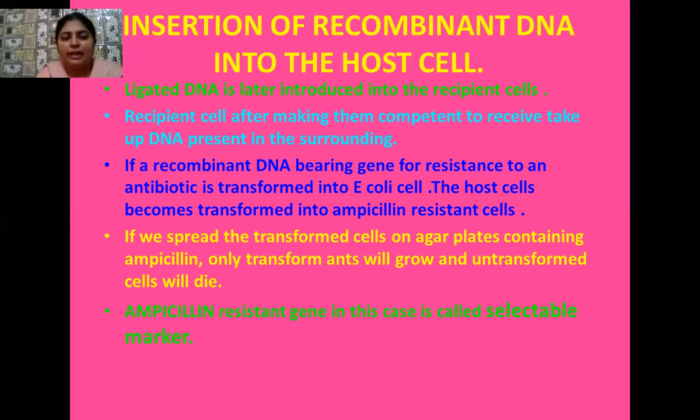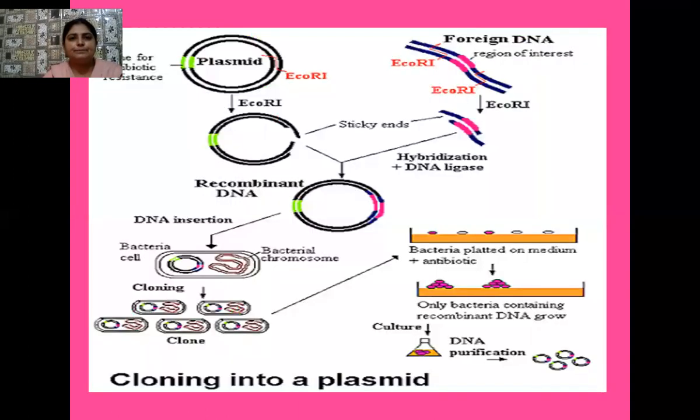So in this way, you get an idea that so and so cells have been transformed and have the new insert of the antibiotic resistant gene, and the non-transformants can be easily discarded by you. You allow the growth of only the transformants and discard the non-transformants from your solution. So here the ampicillin resistant gene is known as the selectable marker.